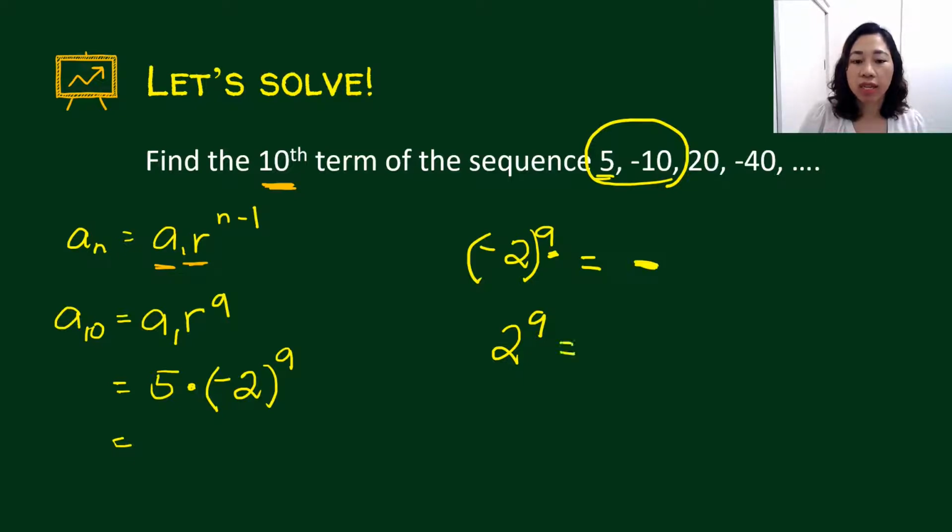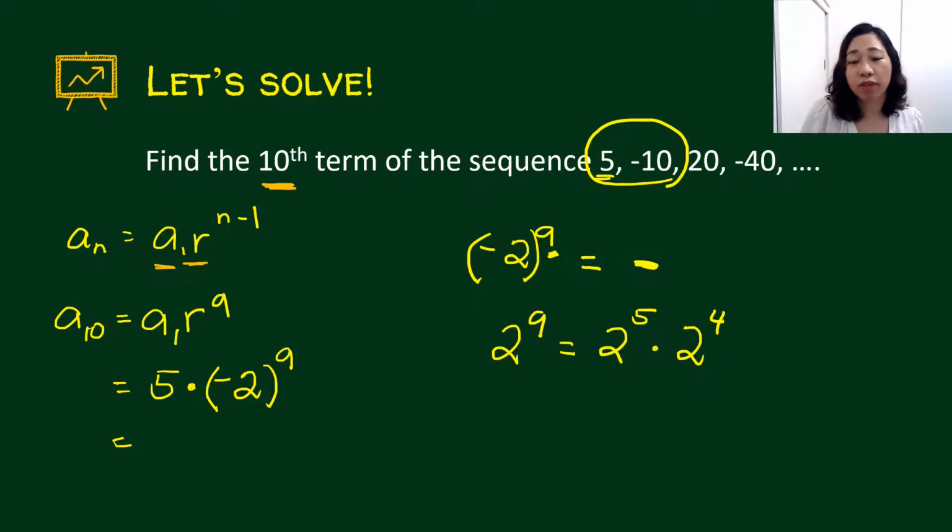Now, to make it easier, take note that 2 to the 9 is equal to 2 to the 5th times 2 to the 4th, right? Let us recall from the laws of exponents, when you are multiplying two numbers which have the same base, what do you do with the exponents? You add, right?